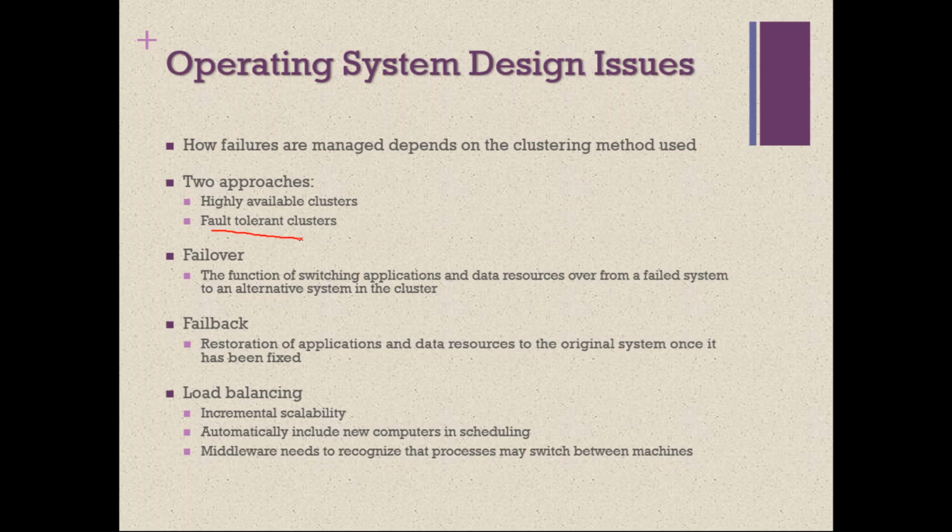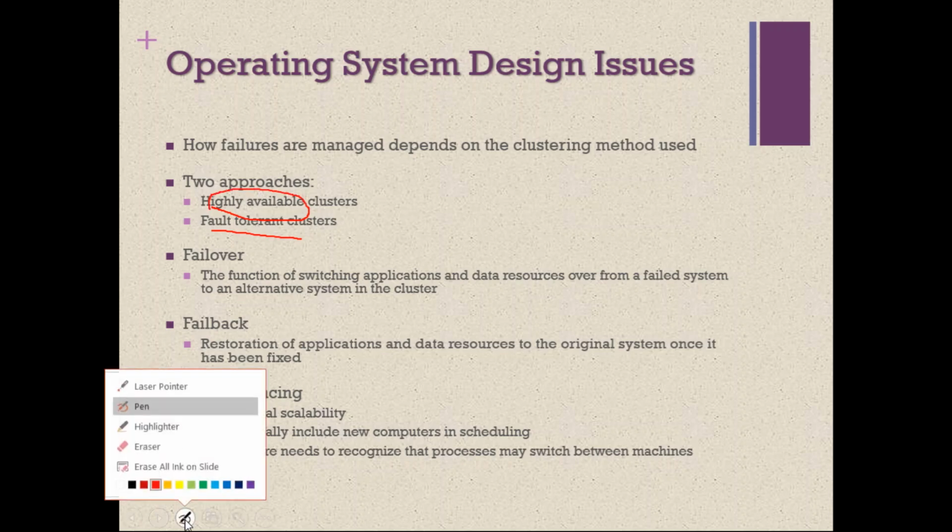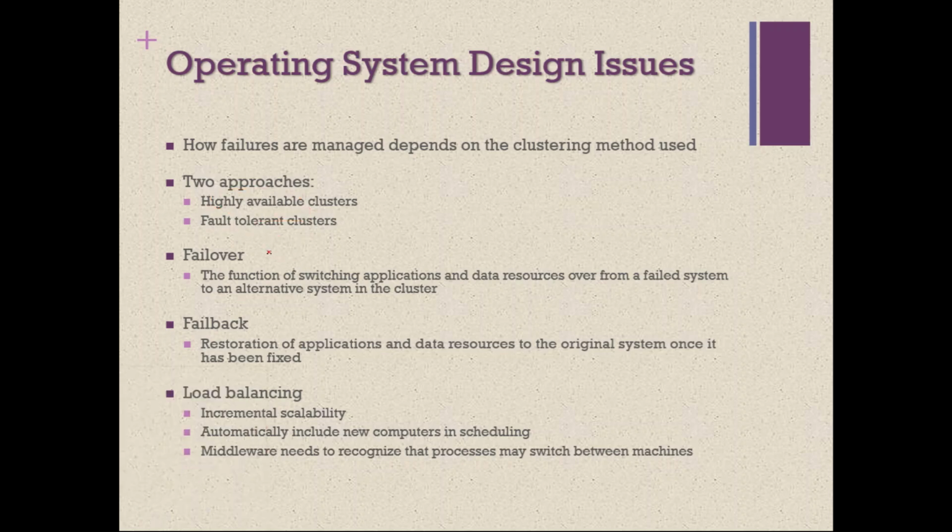Actually the fault tolerant model ensures availability of resources at all times. This is high availability: high availability to maximum available, that's all, but 90% available or 95% available. But fault tolerant ensures that the resources will be available at all times, irrespective of anything that may happen.